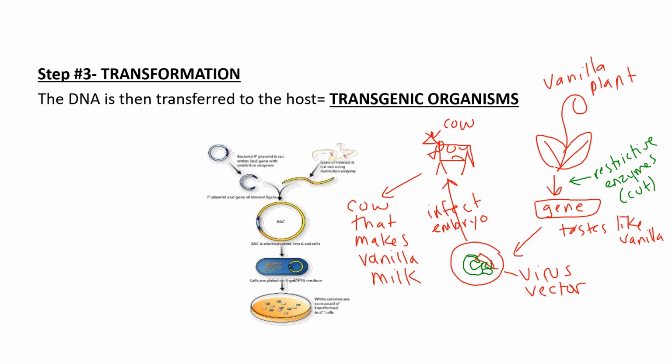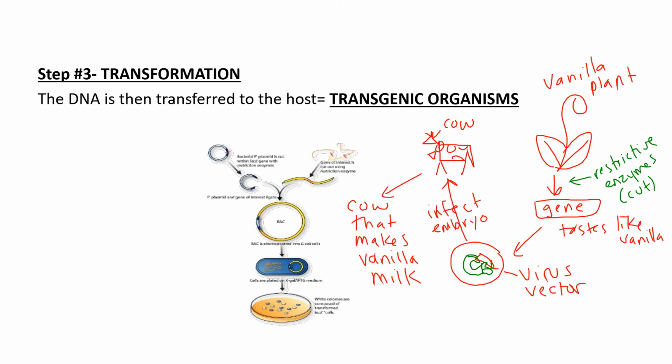and then you get what you want. So an example of this, which probably doesn't exist yet, could potentially be a vanilla plant, and you would have restriction enzymes cutting out a gene, specifically the one giving vanilla flavor. And then you would have a virus vector bringing that to an embryo of a cow.